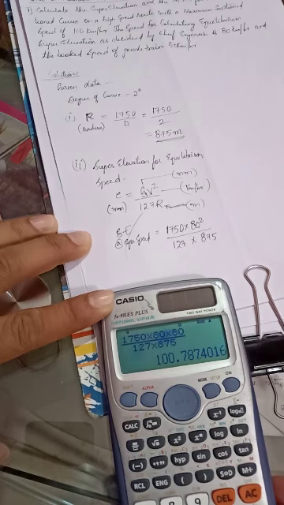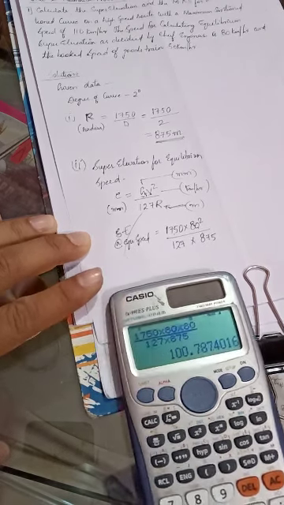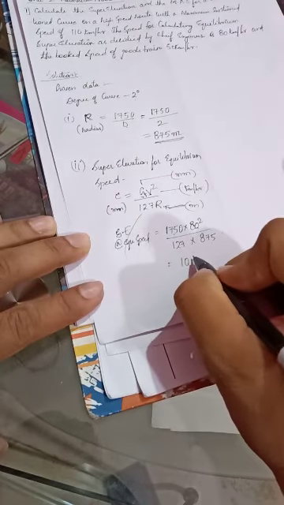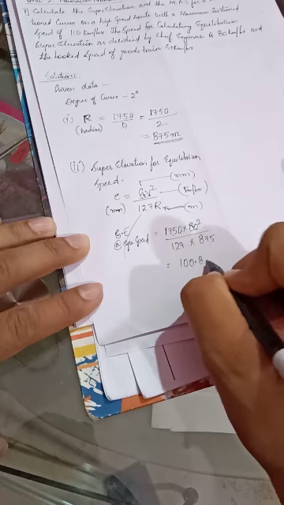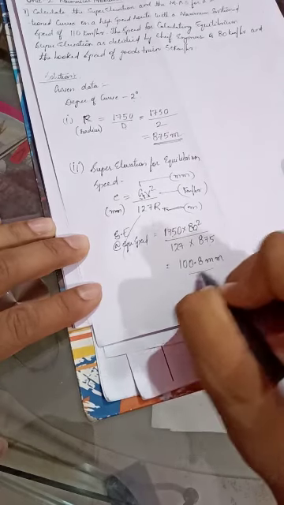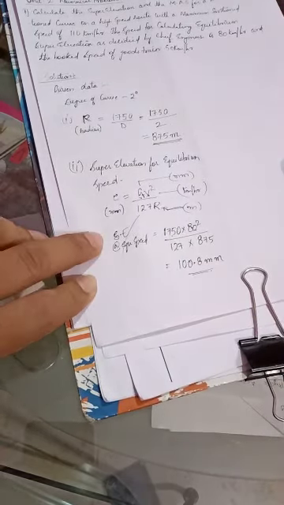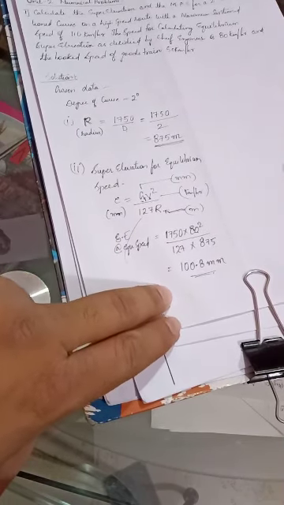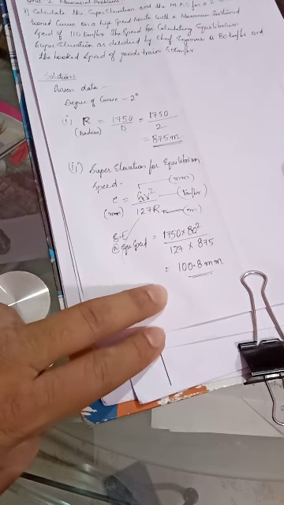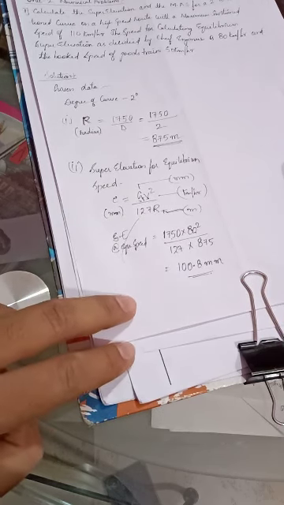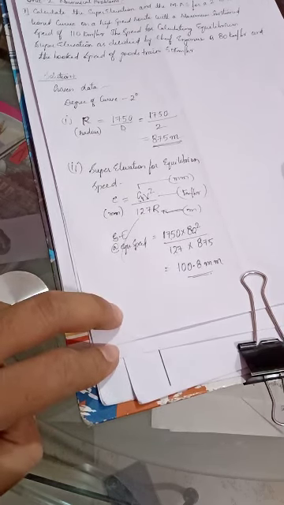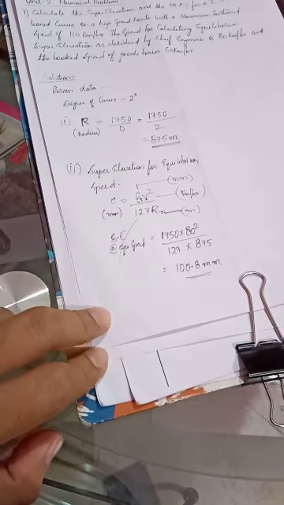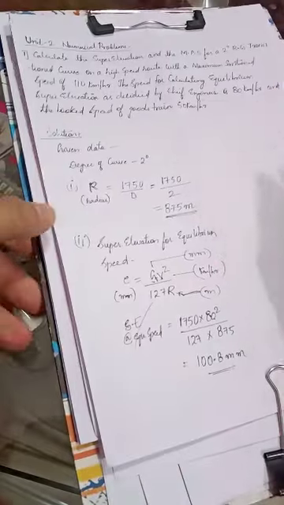So I'll round it off to 100.8 mm. This is nothing but super elevation at equilibrium speed, that is nothing but 100.8 mm. Now our next step is to calculate super elevation for maximum sanctioned speed. Step number 3.